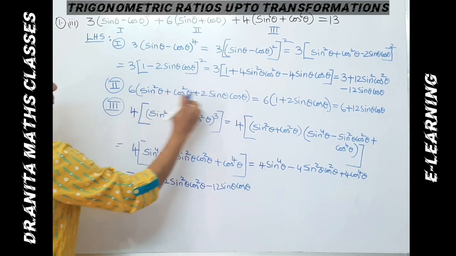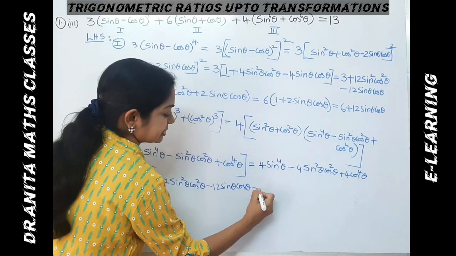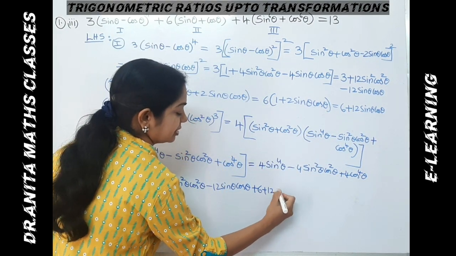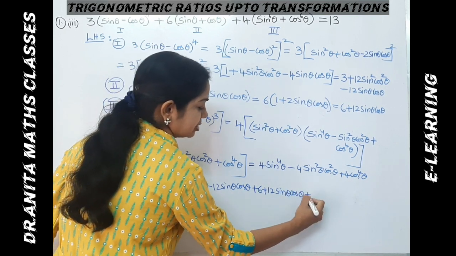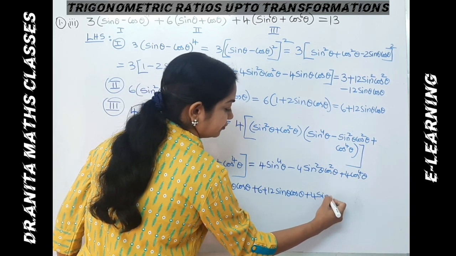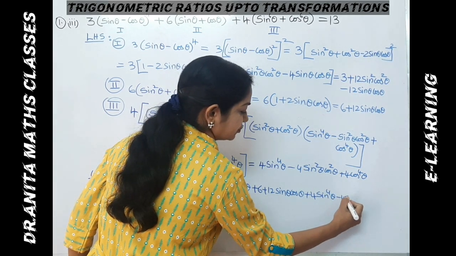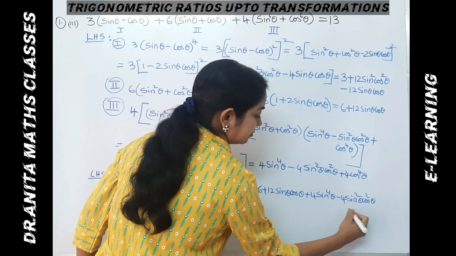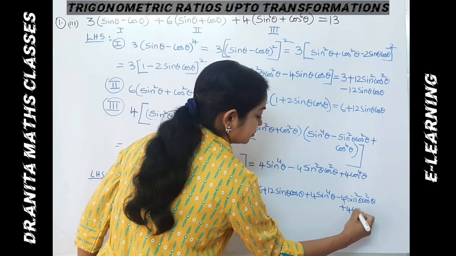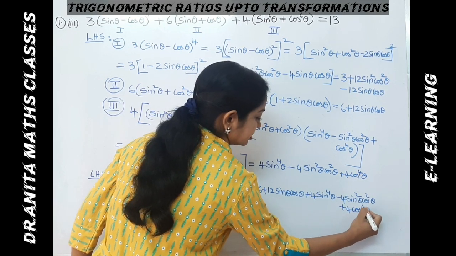Now the second part answer is plus 6 plus 12 sine theta cos theta. The third part is 4 sine to the power of 4 theta minus 4 sine square theta cos square theta plus 4 cos to the power of 4 theta. So this is the third part.